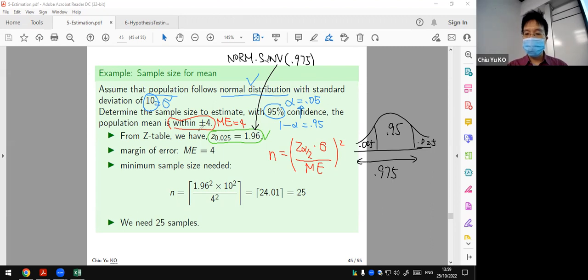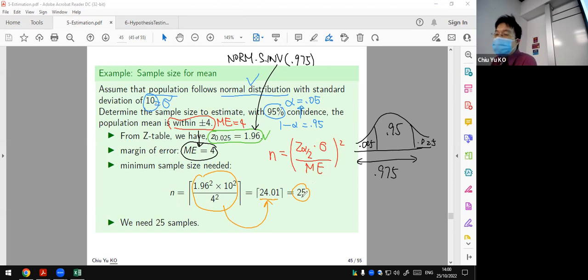The margin of error is given to you here. Basically you plug in all the numbers, and this can come from Excel or whatever you like. You get 27.01, and you have to round up, so that's why 25 samples are needed. Collect the data, and no matter what the result is, your margin of error will be less than 4. Is that clear?